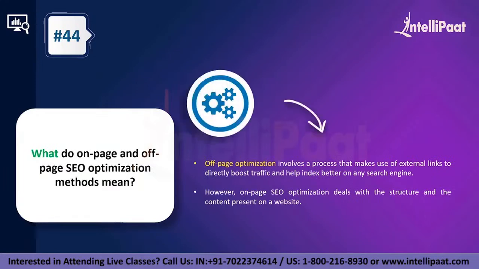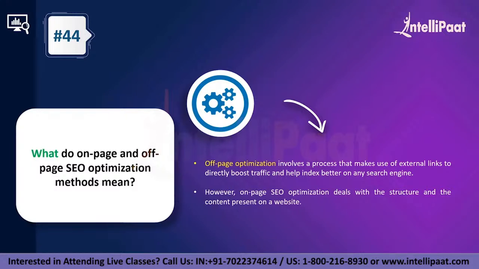Coming to question number 44, it states, what do on-page and off-page SEO optimization methods mean? Whenever we talk about off-page SEO, it literally means doing all the things and using all the methodologies and processes which will add to your rank. Even on-page SEO adds to your rank, but on-page, as the name suggests, is everything that is on the page.